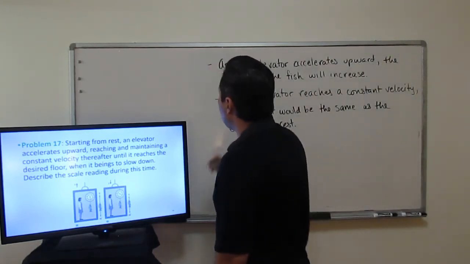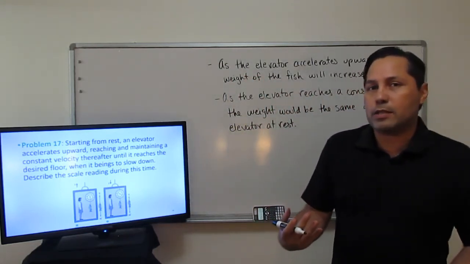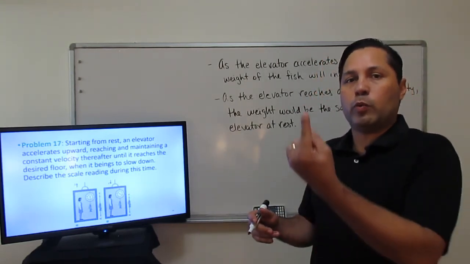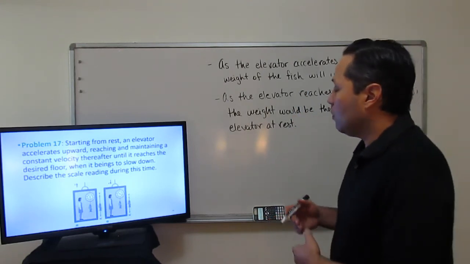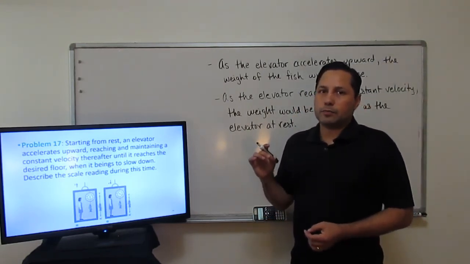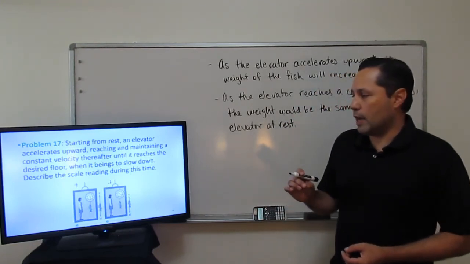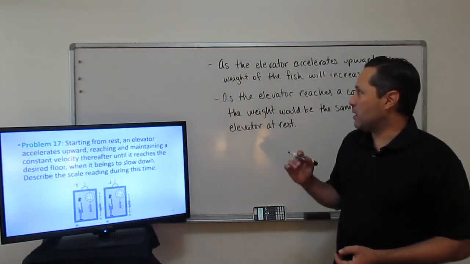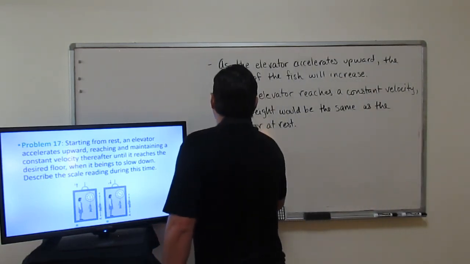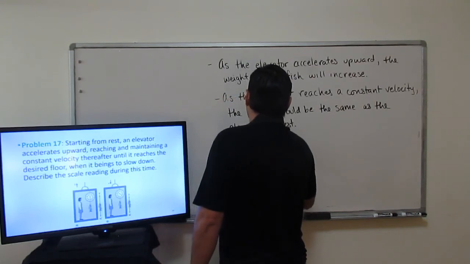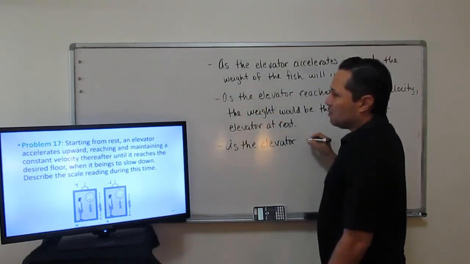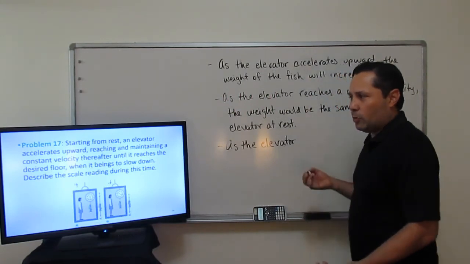Alright, and lastly, what happens to the weight read on the scale when the elevator begins to slow down? It's still moving upwards, but it's slowing down. What would happen to the weight? In that scenario, the fish will weigh less. As the elevator decelerates, well, we normally don't say that.